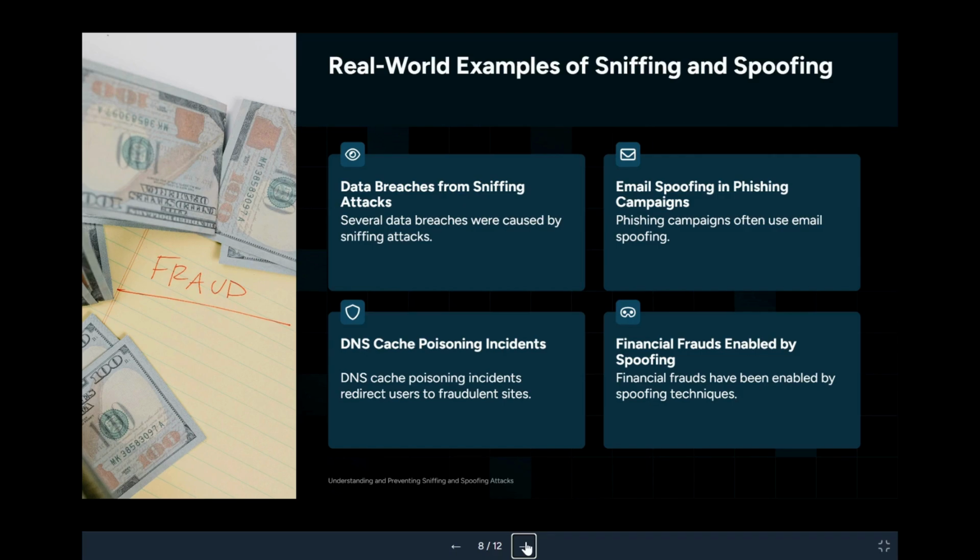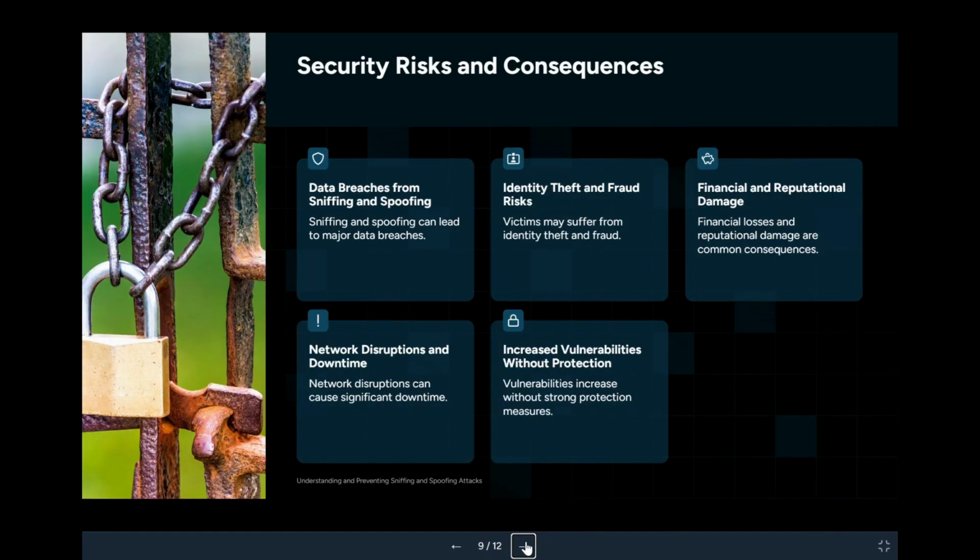And of course, financial fraud often happens because attackers impersonate legitimate communication. The danger is not just technical, it affects people, businesses, banks, hospitals, and also governments.